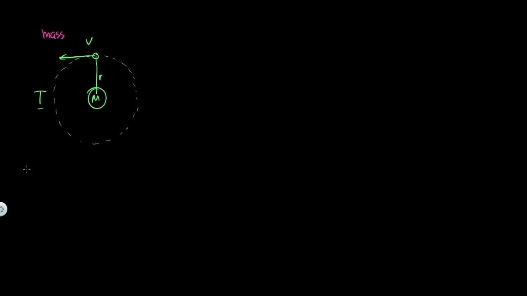So let's begin. If you watched our previous video, we know that g equals GM over r squared, where g here is the gravitational acceleration.